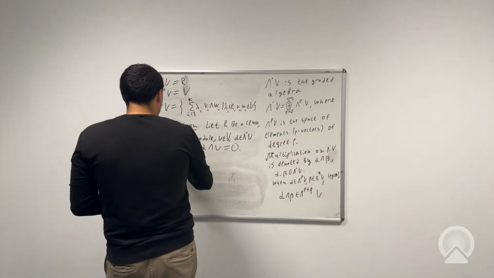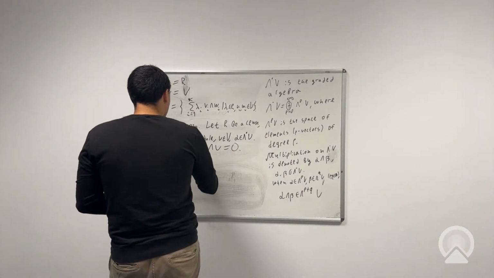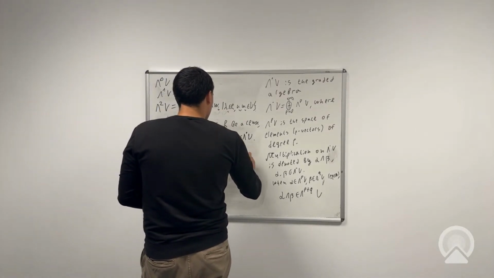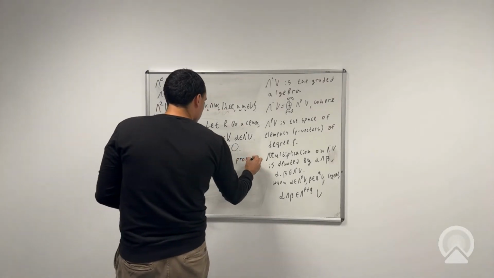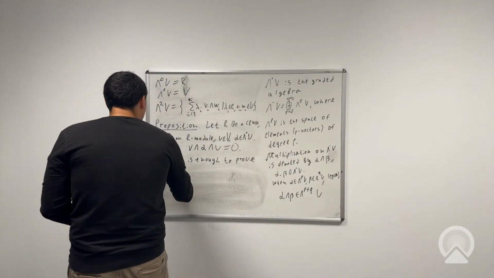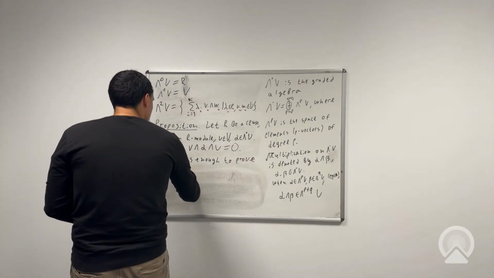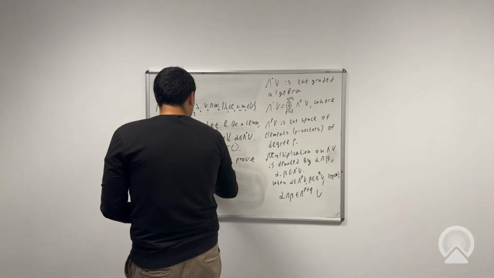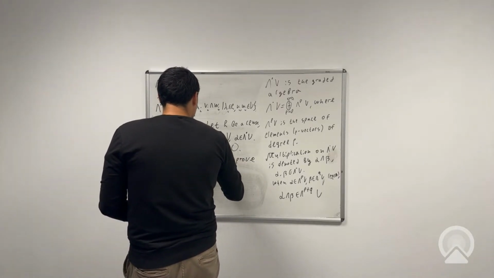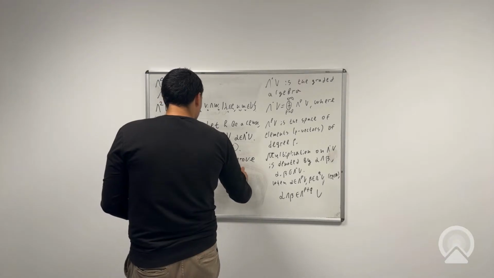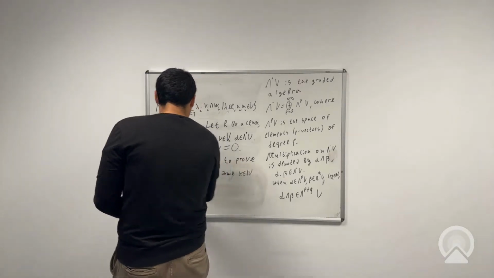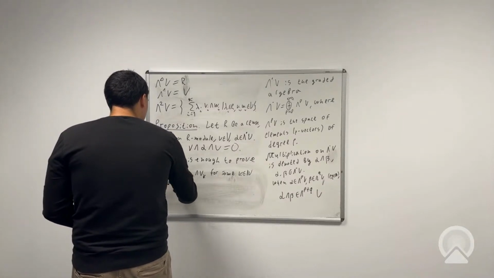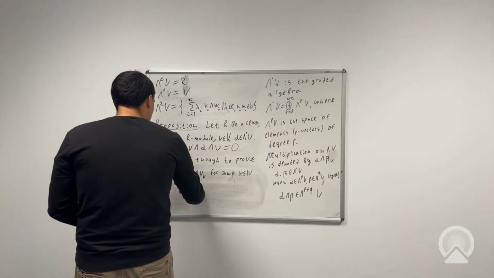So it is enough to prove it for alpha equals V1 wedge to Vk for some integer k, with V1 to Vk in V.